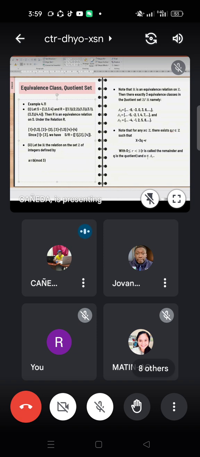So you can define a relation on a certain set.